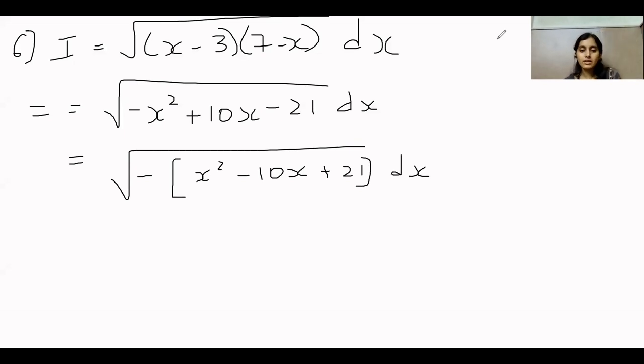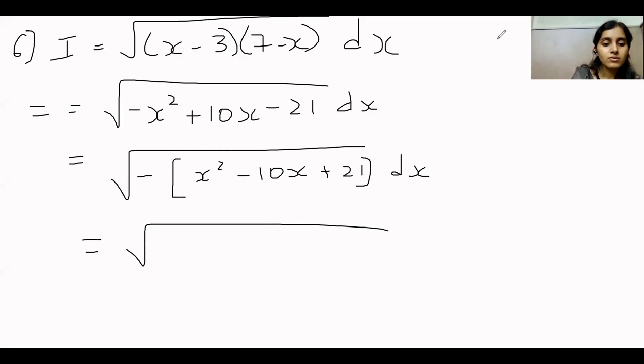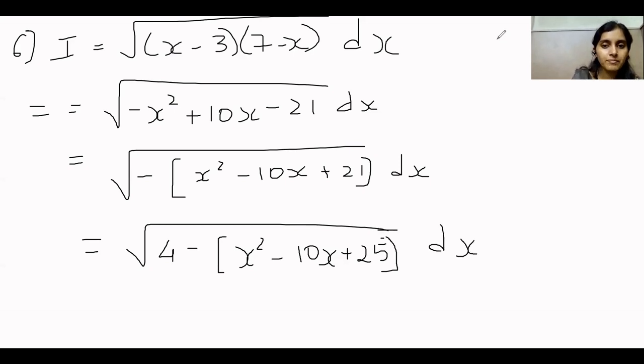So minus 10x, the coefficient of x, half of that is minus 5, square of it is 25. So we have to add and subtract 25. So we'll get under root of 4 minus bracket x square minus 10x plus 25. When you add and subtract 25, this is what you should get.